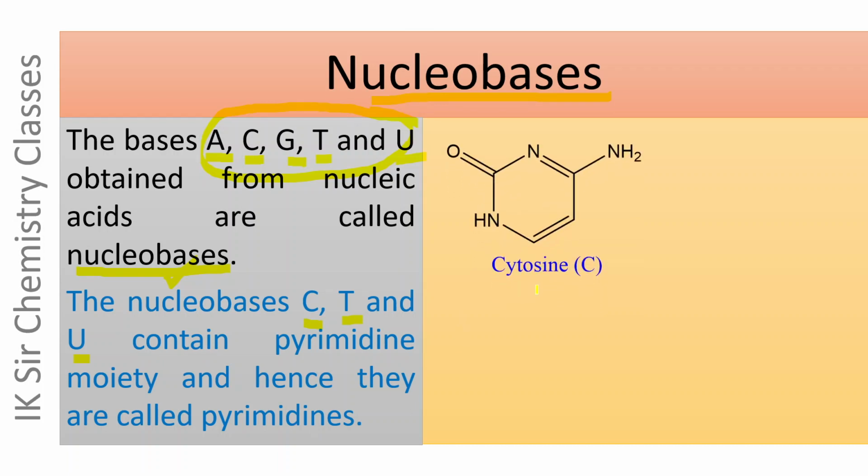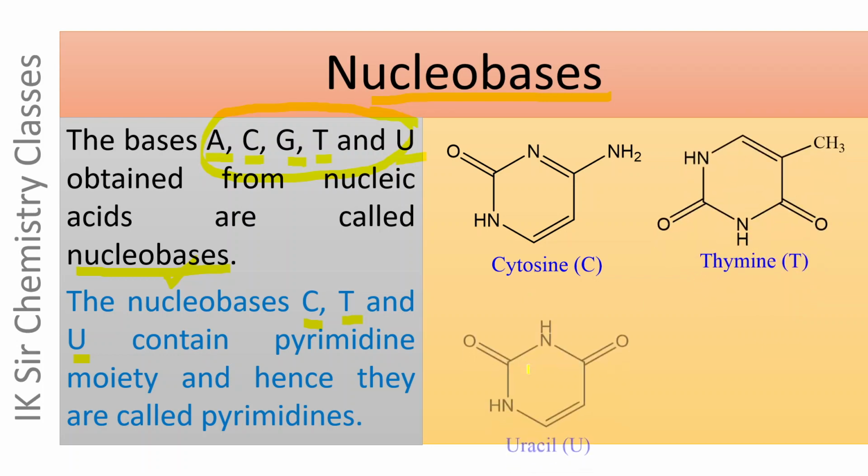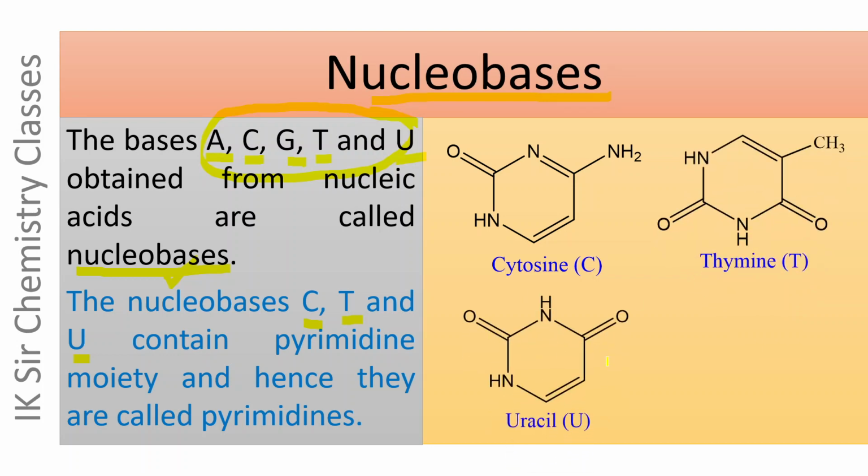The three bases, cytosine, thymine, and uracil, have six-membered pyrimidine moiety, and therefore these three nucleobases are called pyrimidines because all these three have a pyrimidine ring.